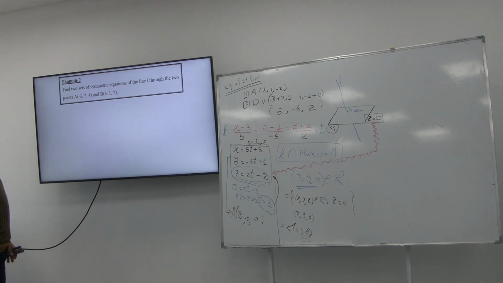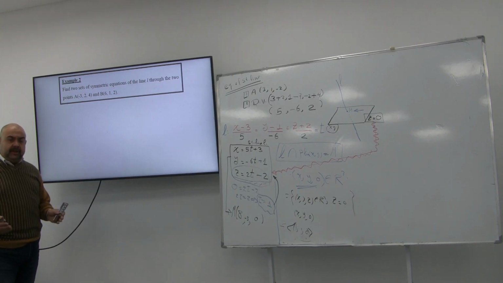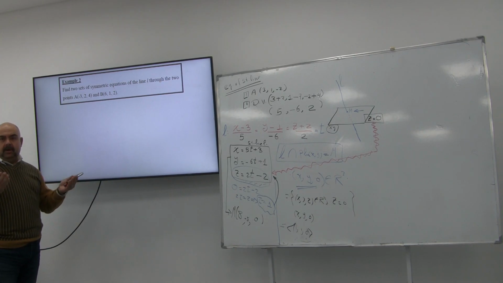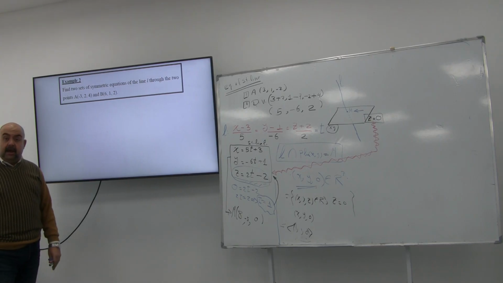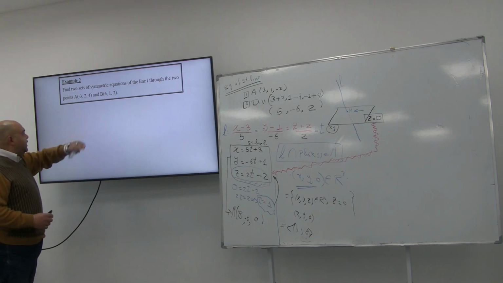Here's also a question stressing on the fact that I can write the equation of a straight line in plenty of ways, by just replacing the points, replacing the vectors, and so on.